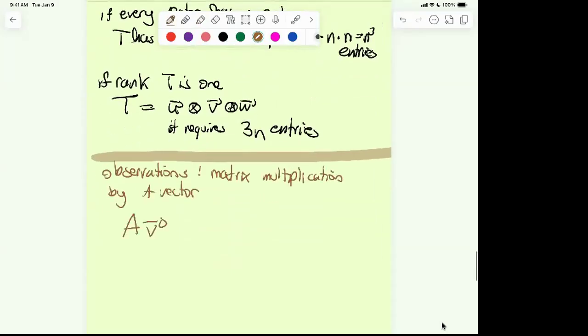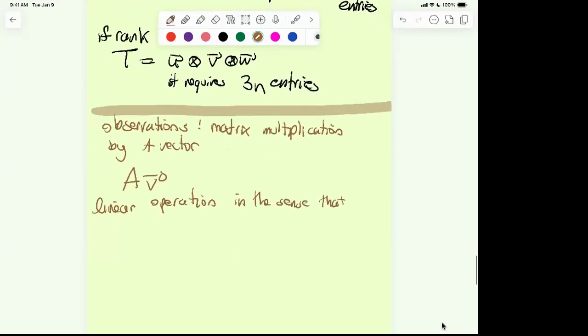If you've got a matrix and you multiply it by a vector, right? That operation is what people call linear, right? This is a linear operation in the sense that if you replace the vector with a sum of vectors, then you can just do the individual matrix-vector multiplications and add them together.